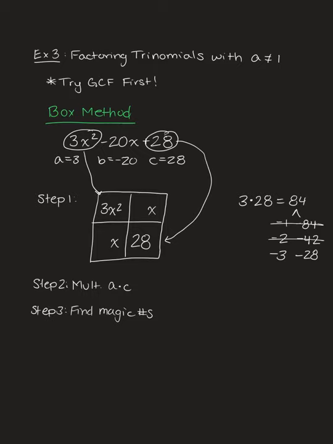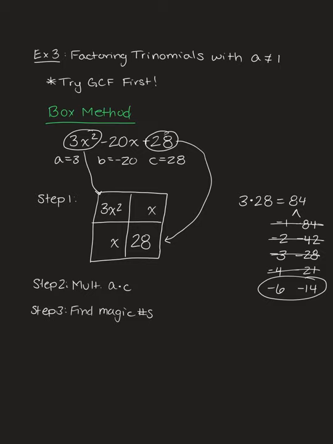What'll that give you? Negative 31. Okay, we're getting closer to negative 20, but not quite. Negative 4 and negative 21. That'll give you negative 25. Still not going to work. 84 is not a factor of 5, so let's look at 6. So negative 6 and negative 14. Those are your magic numbers, okay?